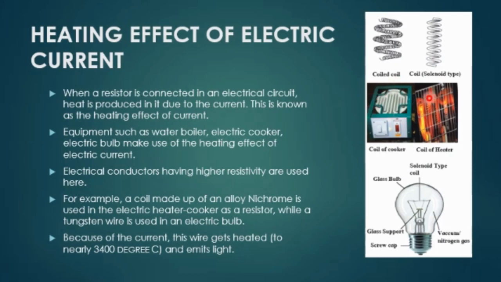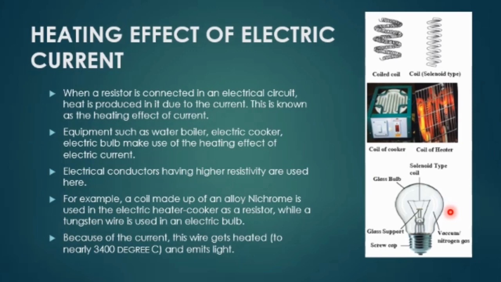Nichrome coil. Are you getting it? Nichrome or any of the other metals that have higher resistivity. In the bulb, the wire used is tungsten wire. Why tungsten only? Because the tungsten wire has a higher melting point. It doesn't melt easily.